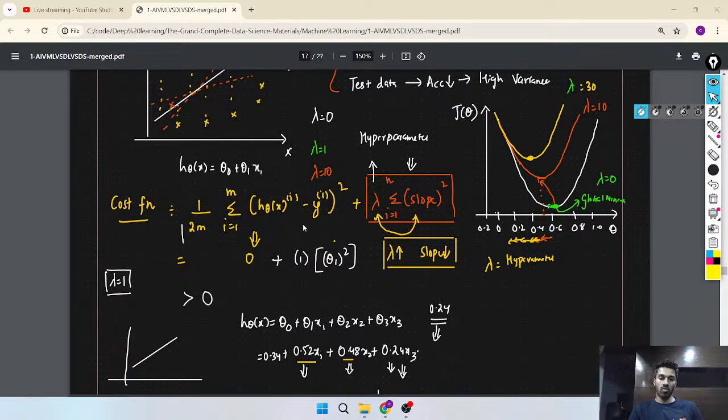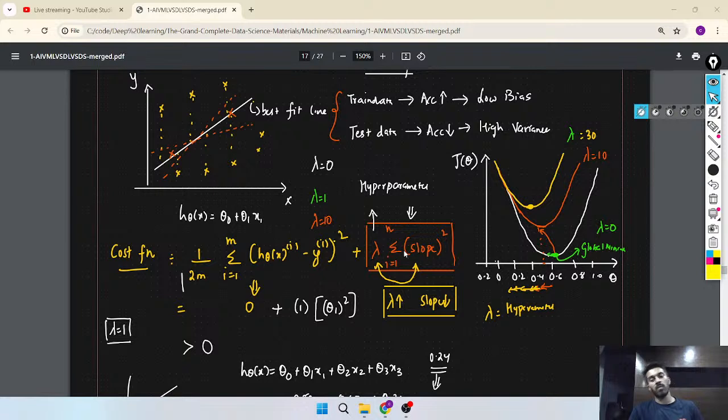To reduce this overfitting condition, we add a term to the cost function: hyperparameter lambda times the summation of slope squared. We take the summation if we are applying a multi-class classification algorithm.